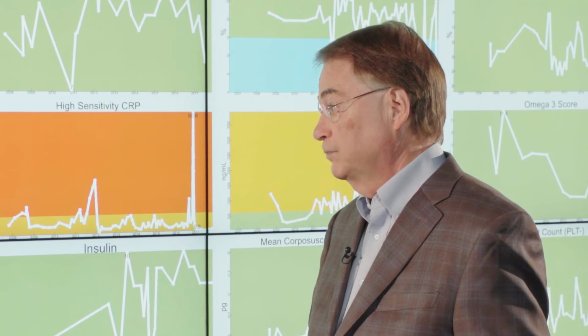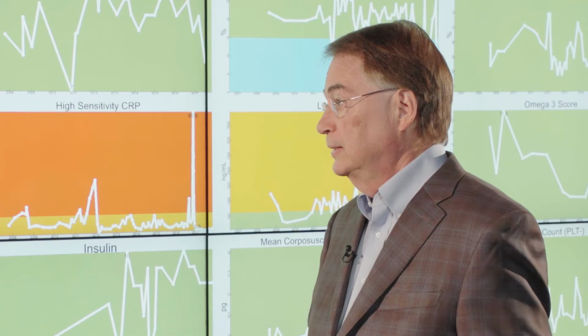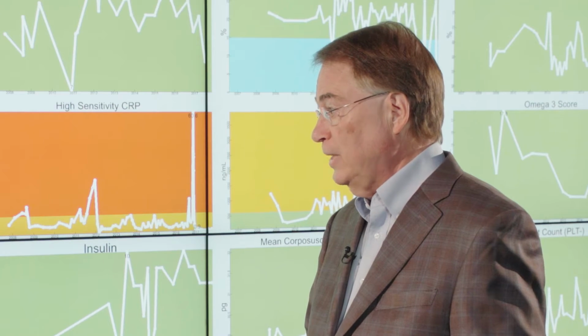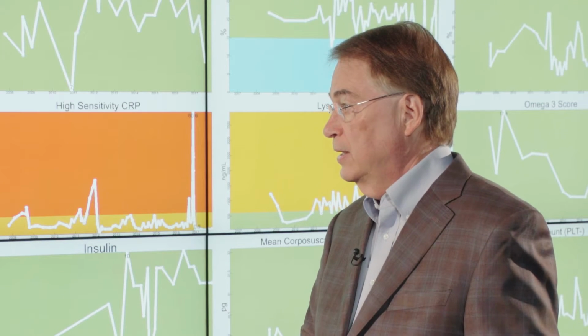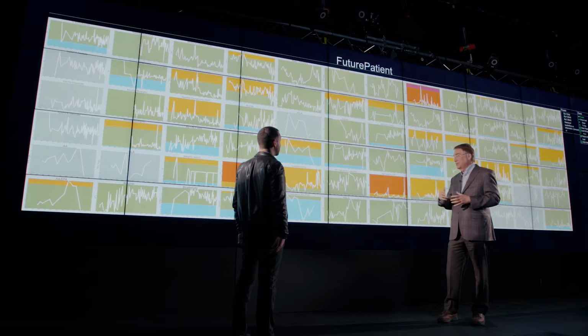So I went to my doctor at that time and said, I think I've got IBD, and he had just done a colonoscopy. He was a veteran of colonoscopies, and he said, you don't have IBD. If you did, I would have told you. And I showed him these charts and everything, and he says, why are you doing this?